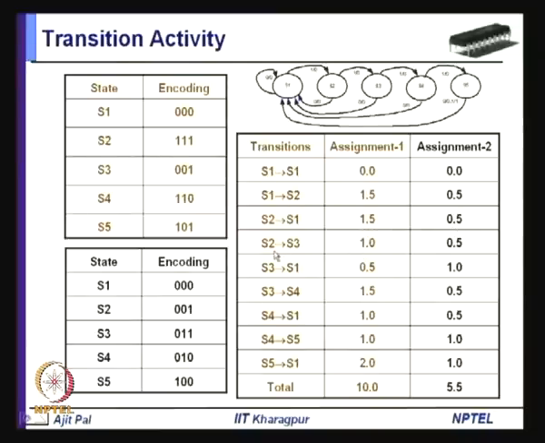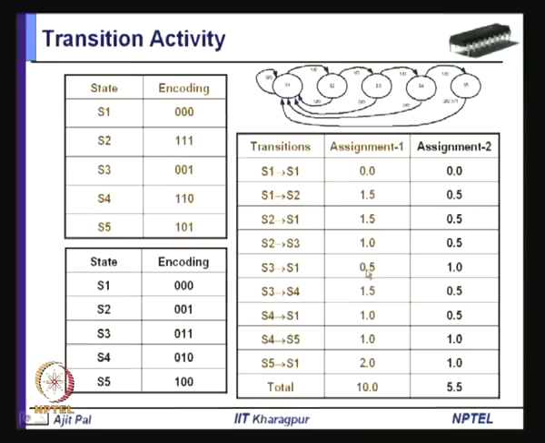And similarly, from S2 to S3, here the number of transitions is 2. So, 2 into 0.5 is equal to 1, and in this case S2 to S3, the number of transitions is only 1, 0 to 1, other bits do not change, and so it is 0.5. And S3 to S1, in this case the number of transitions is 2, and in the other case it is 1.